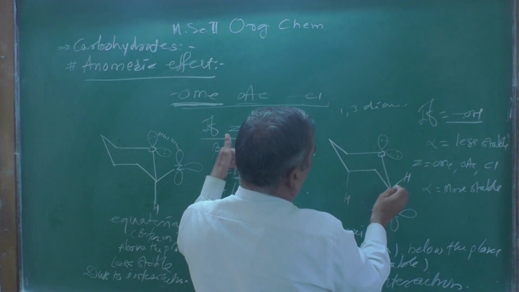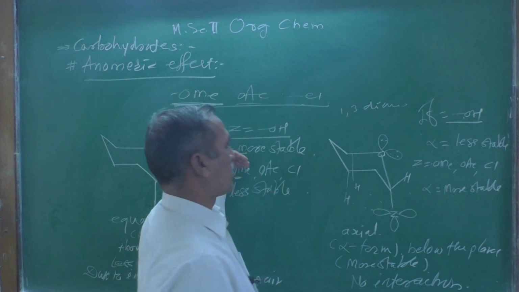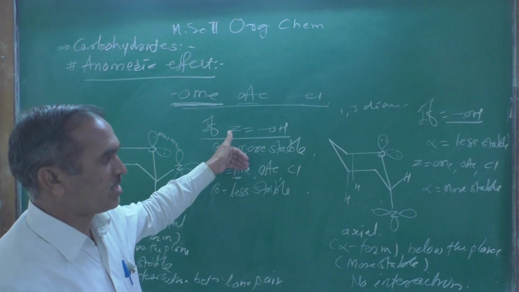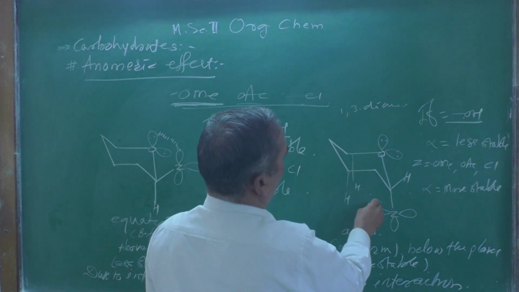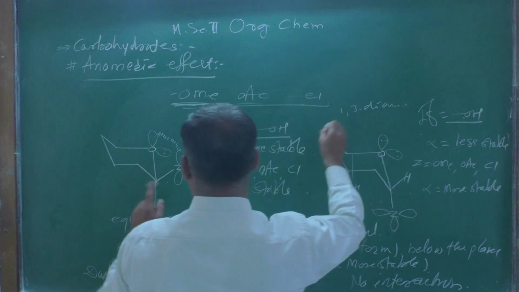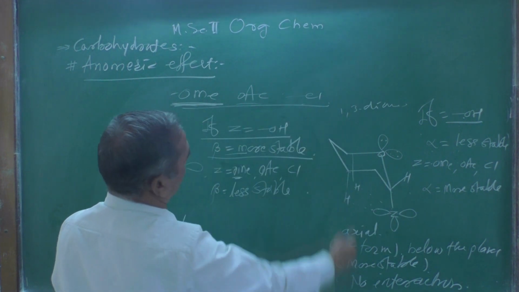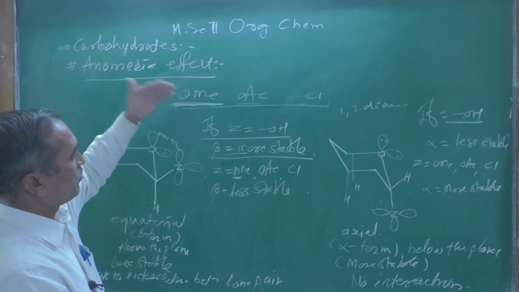Here also, 1 2 3, the hydrogen atom creates a lot of steric interaction or 1,3-diaxial interaction. Due to this reason the alpha form is less stable, but the beta form is more stable. So that is called the anomeric effect.